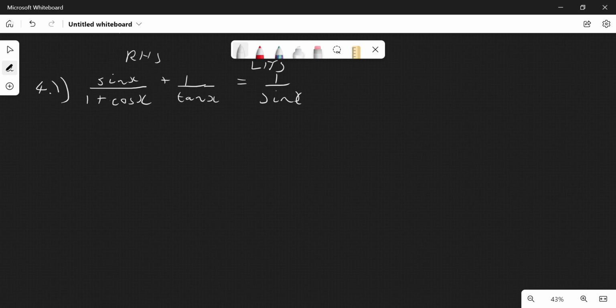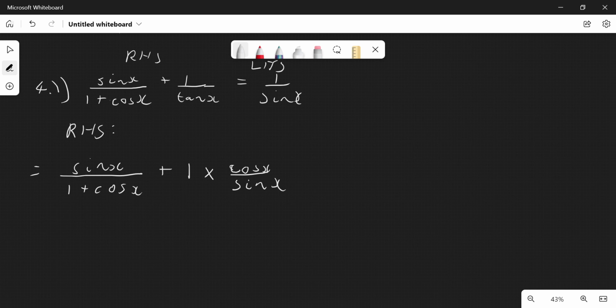You work with the complicated side, so that's our left hand side. Therefore, our expression is equal to sine x over 1 plus cos x, plus 1 times cos x over sine x.